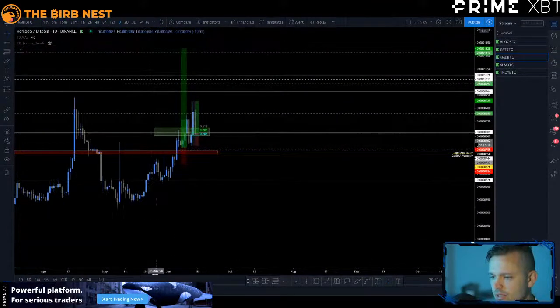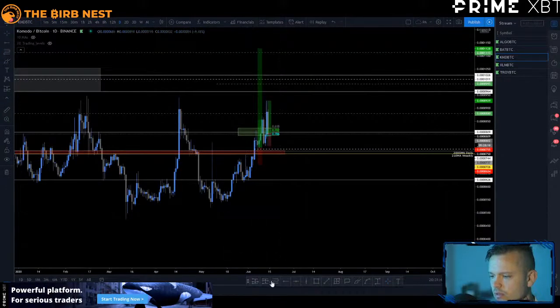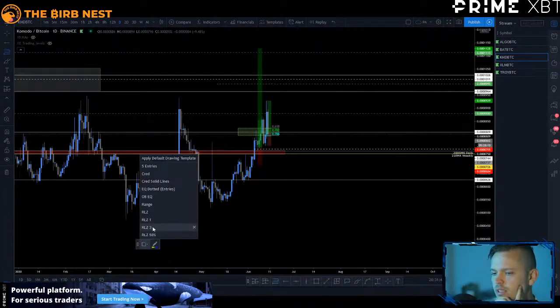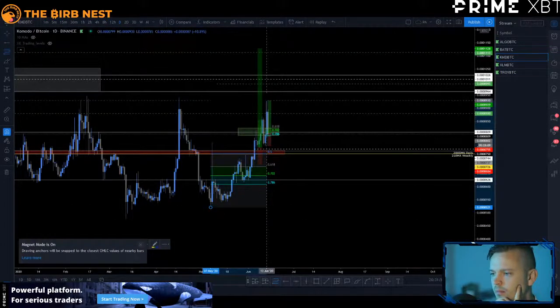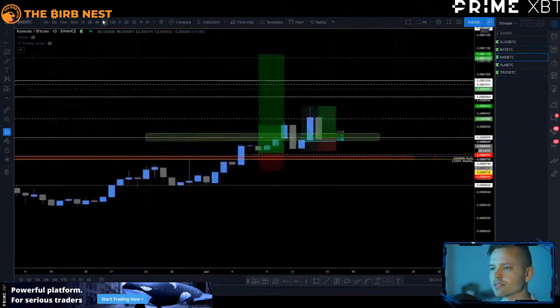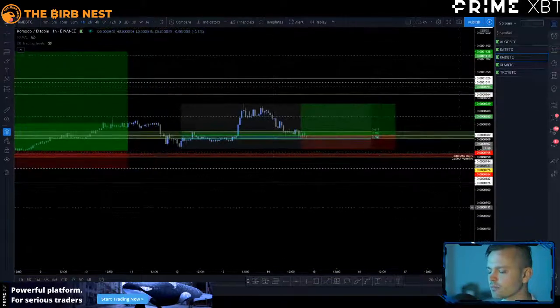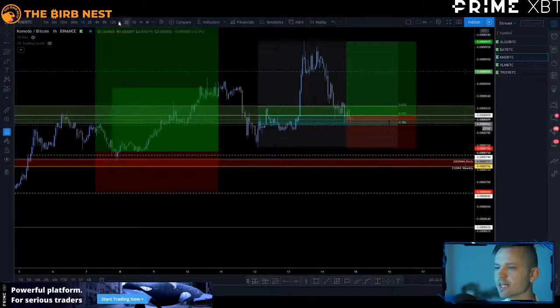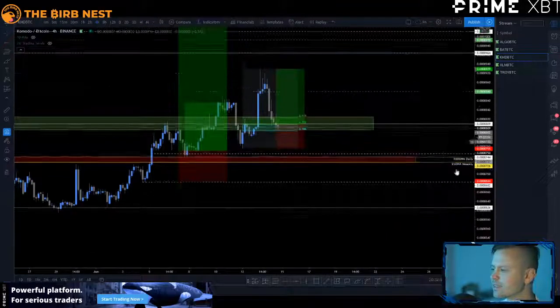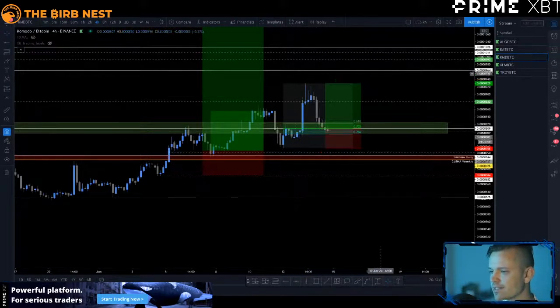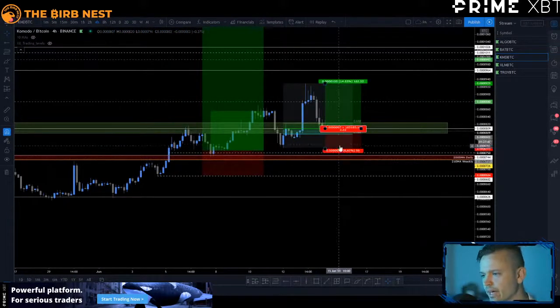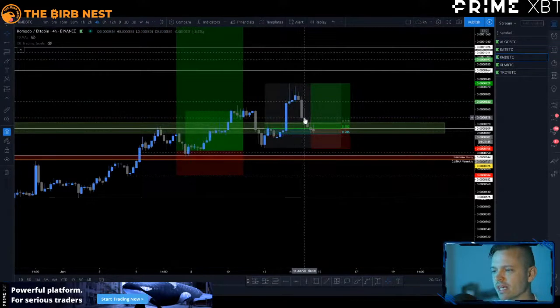I'm just going to have to mark out the RLC of this whole move just to get an idea, and I'll add the 50% too. Kind of makes sense, but I don't want to test that area. All right, so let's see. Go down to the hourly, and you can now see that we are testing a support area here, confluent with the RLC of this latest up move. So it makes a lot of sense to get a bounce down here.